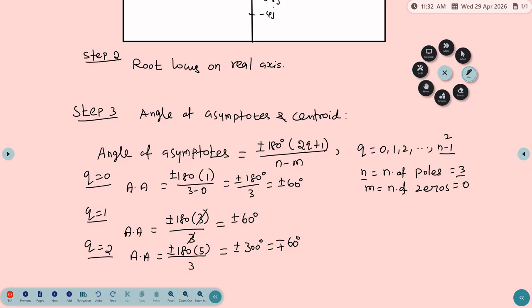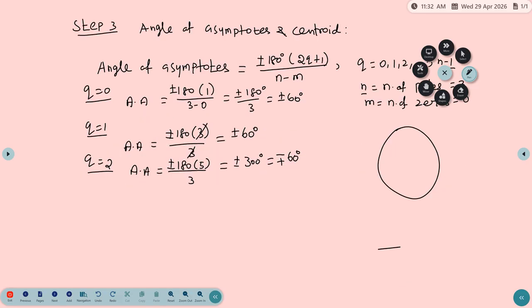Why are we saying like this? If we consider a complete circle, we know this is 0, this is plus or minus 180, here 90, here 270. This is the positive angle. If you consider the negative angle, minus 270, minus 180, minus 90.